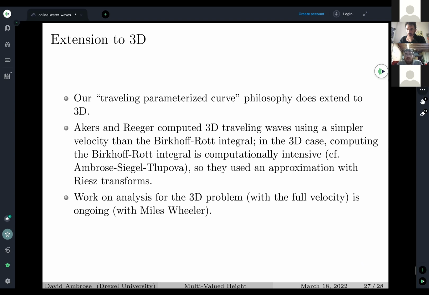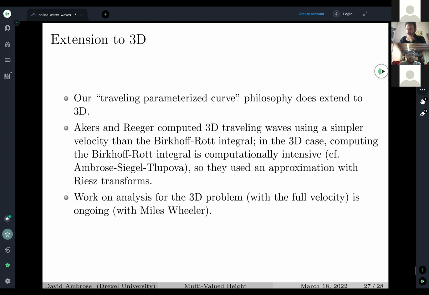They did not use the Birkhoff-Rott integral. This is a model equation using basically Riesz transforms in place of the Birkhoff-Rott integral. That's because it's hard to compute the Birkhoff-Rott integral in the 3D case. Mike Siegel, Svetlana Tulipova and I have work doing that.